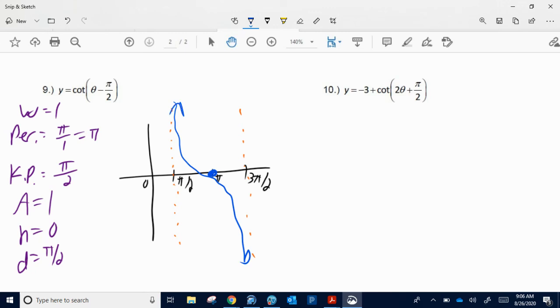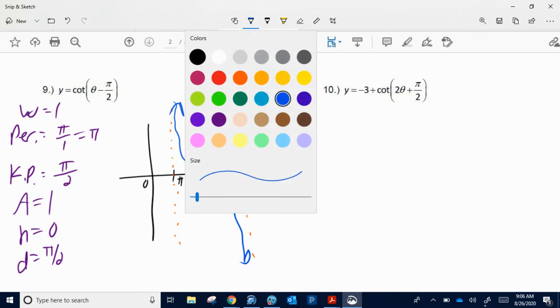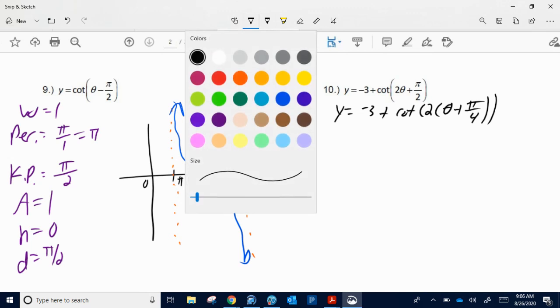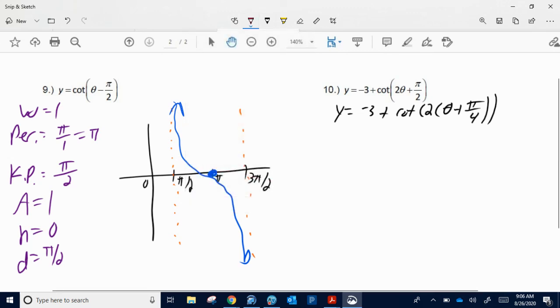And last, on this one, we need to make sure that the w value of 2 needs to be factored out of the problem, just like sine and cosine problems were. So this is really y equals -3 plus cotangent of 2 times theta plus, take 2 away, and we get pi over 4. Now we can label our individual pieces. Where the w value is a 2, that means the period is pi over 2.